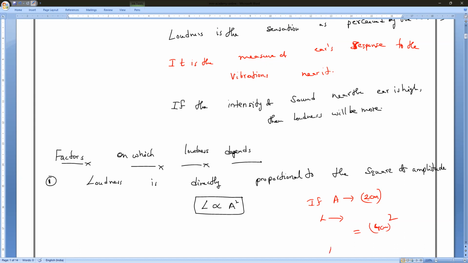So how many times does the loudness increase? 2 squared means 4 times. So loudness is directly proportional to the square of amplitude. Please learn it. That is the first one.